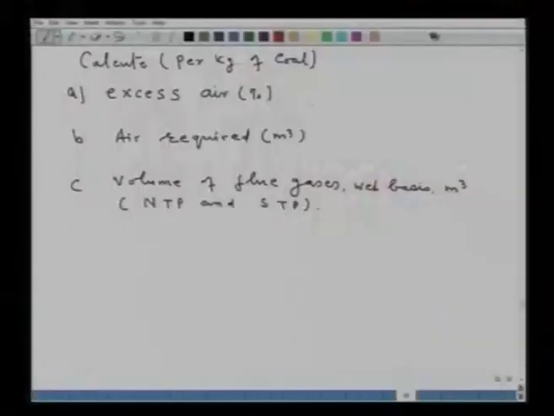If you do all this, the excess air for this problem comes to 38.33%.